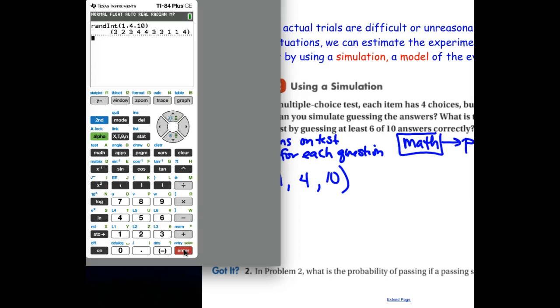Okay? If you were going to do this on your own, if it was a homework question, you would go through and do this 20 times. Now, you can just keep hitting enter and it'll keep repeating it, but giving you a new list of 10 numbers. Okay? We are going to save some time.